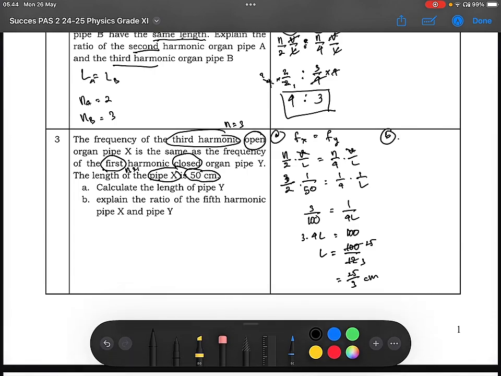Explain the ratio of the fifth harmonic of pipe X and pipe Y. Okay, Fx, this ratio, the difference from A, if the same frequency.